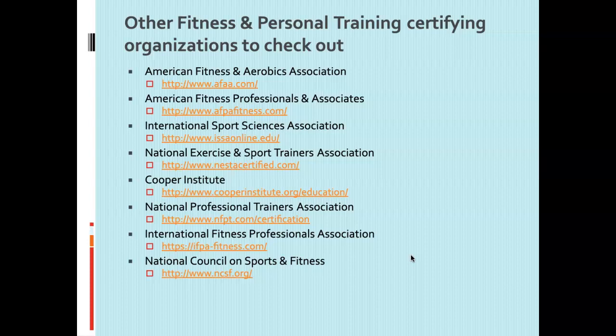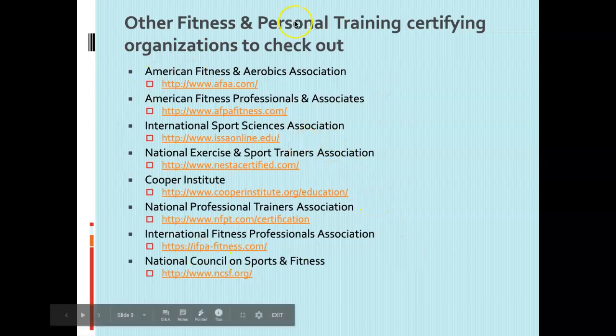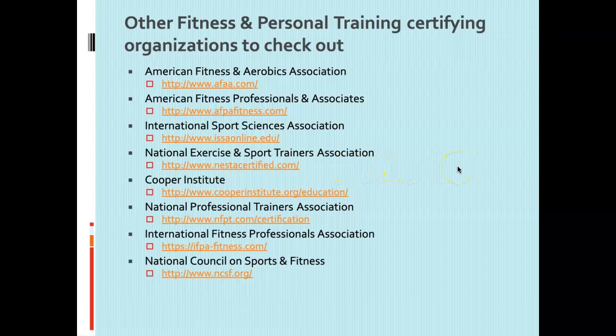And so especially if you're looking just to get something and looking for something that might have a specific deal that you can afford, or might be more accessible in terms of the study materials, any of these really will work. All right. So like I said, not part of the big four, but still are accredited personal training organizations.